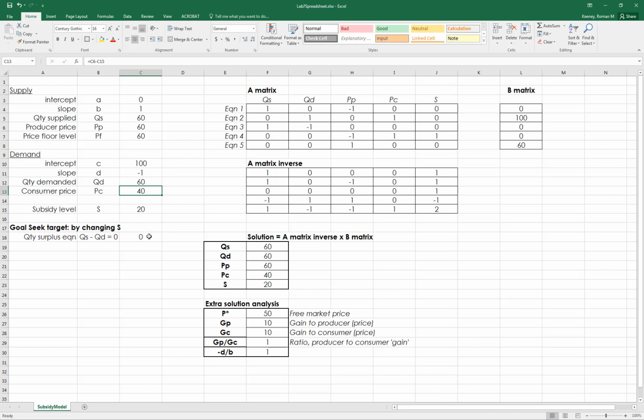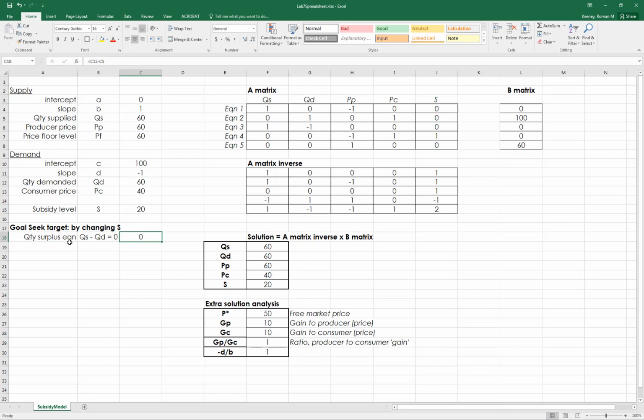And so this model on the left hand side is set up as a goal seek model. I think maybe it was lab 3, maybe lab 2, we first solved these things this way, and the algebra, the setup over here, can be a little complicated, and we might want to change things around.